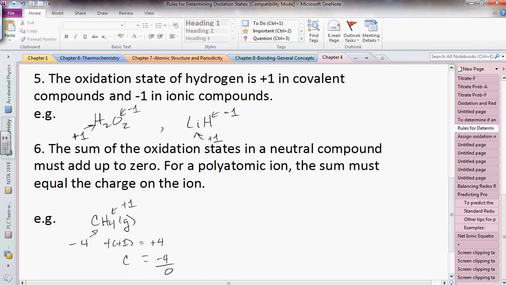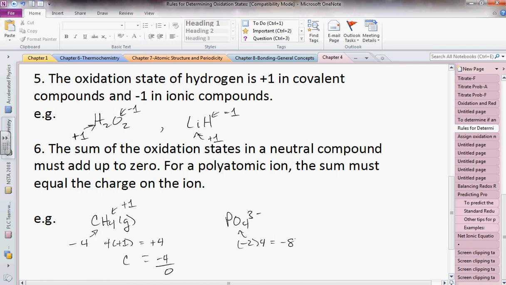However, if we have a polyatomic ion like PO4 3-, oxygen would have a -2 oxidation state. We have 4 of them, which gives us -8. Now we want the oxidation states to add up to the charge on the polyatomic ion.